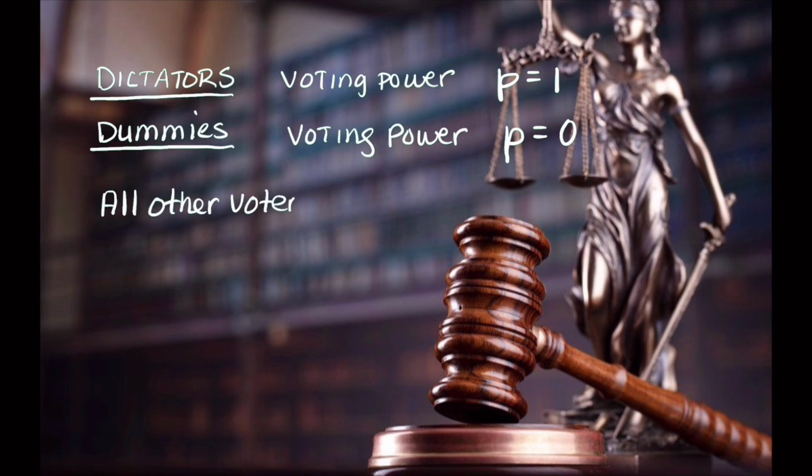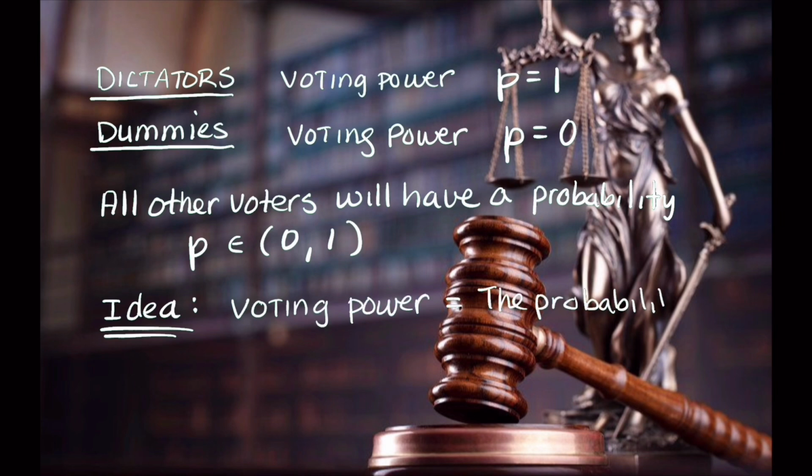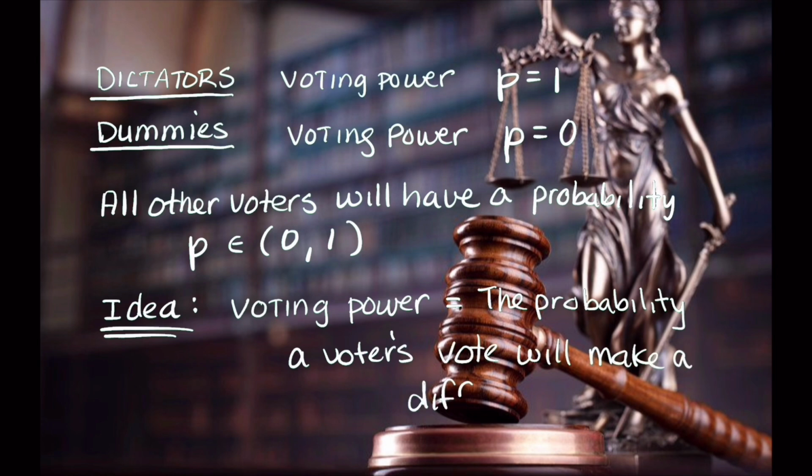And we can translate that into probability. All other voters would have a probability in between a dictator and a dummy, which lands in the interval between 0 and 1. The main idea here is that voting power will be equal to the probability that a voter's vote will make a difference.